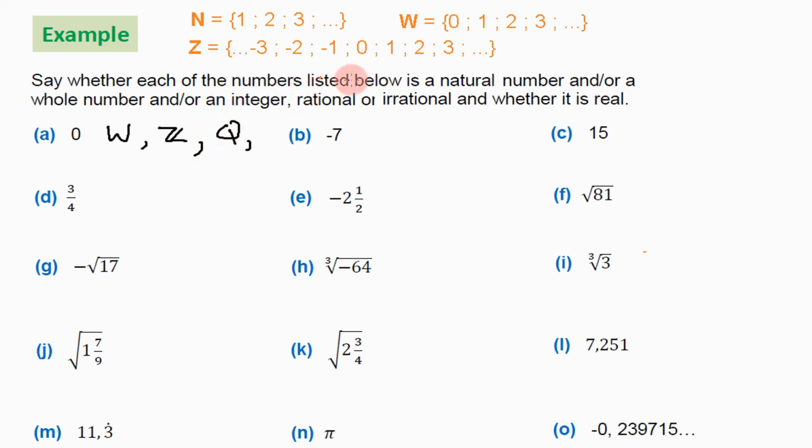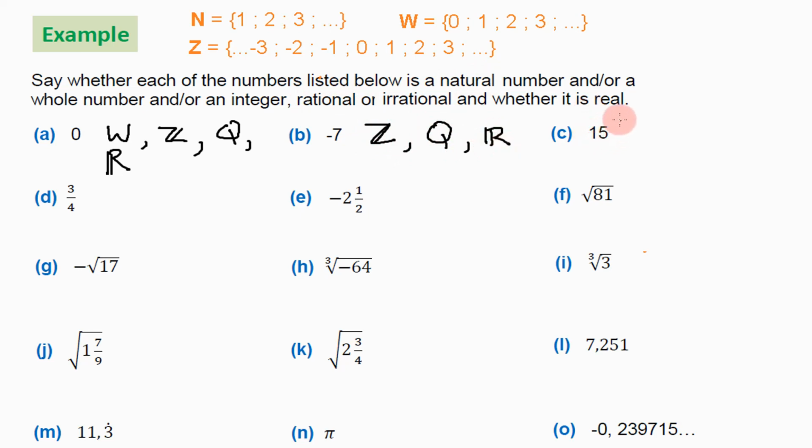And if it's any of these numbers or number systems, then it must be real as well. Then in B, we have the number -7. It's not a natural number, nor is it a whole number. It is an integer though. And if it's an integer, it must be rational, and hence real as well.